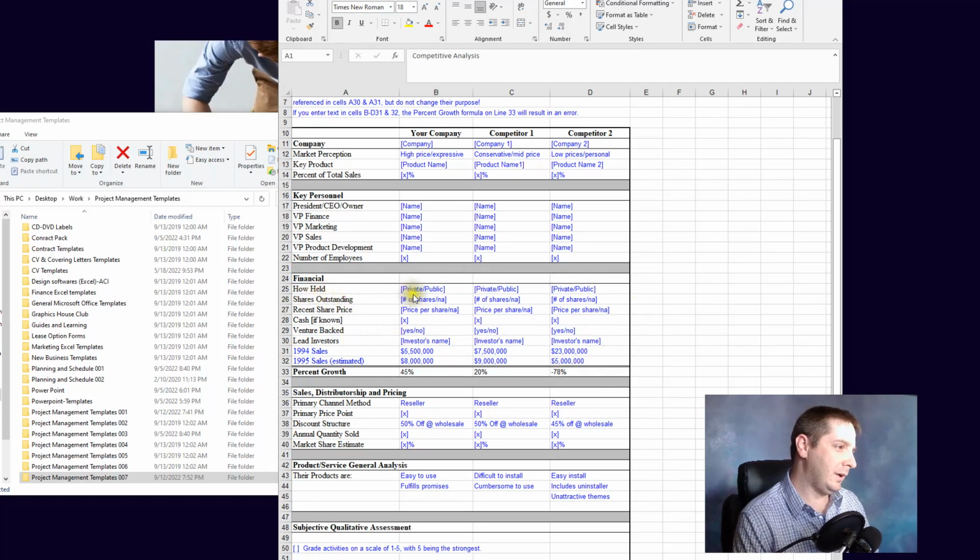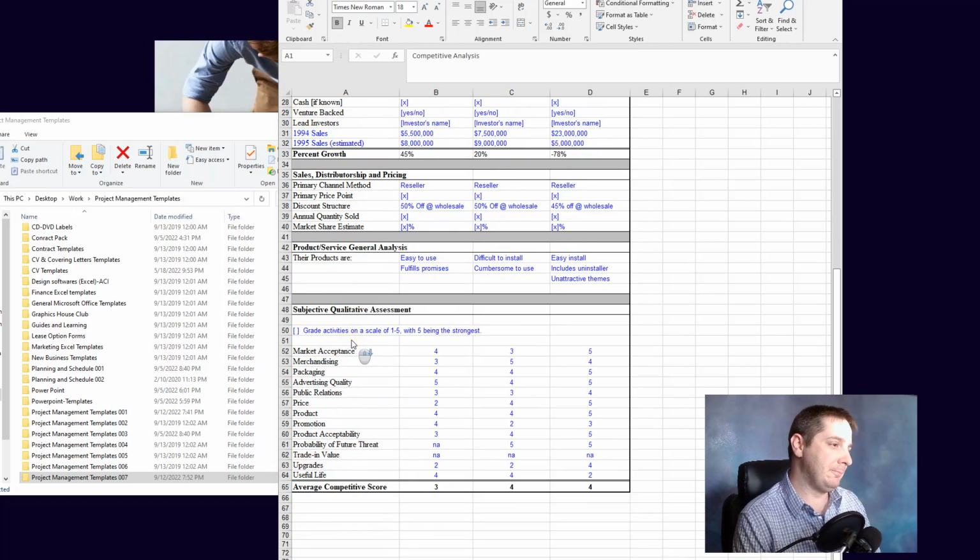Shares held, shares outstanding, all of this is like for big companies if you're an investor. You can probably change this to something like how much money you're putting into the process, how much you're willing to invest, who the other investors are, the cash flow in, possible cash flow out, stuff like that.